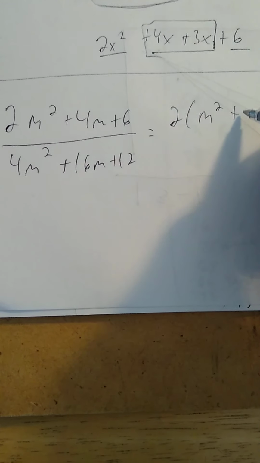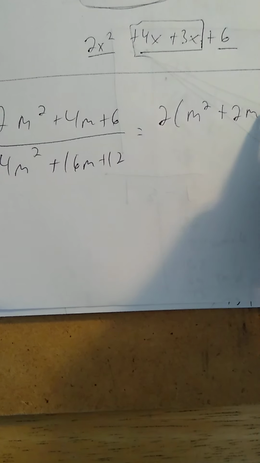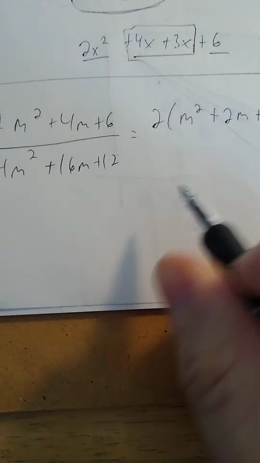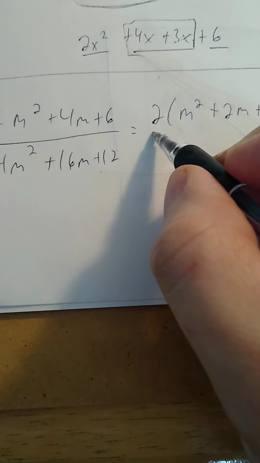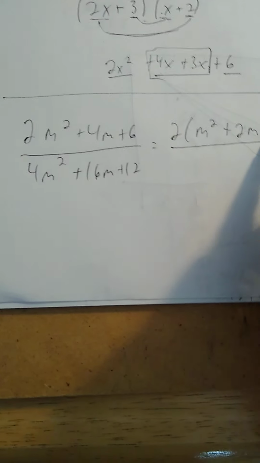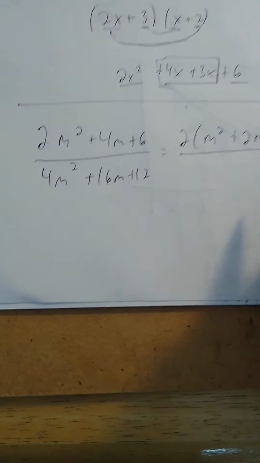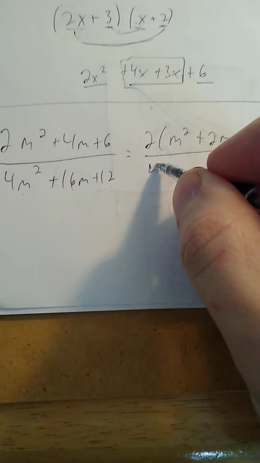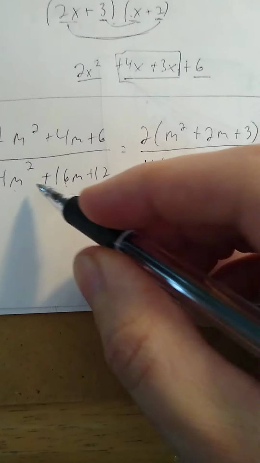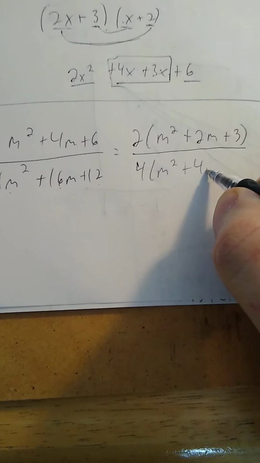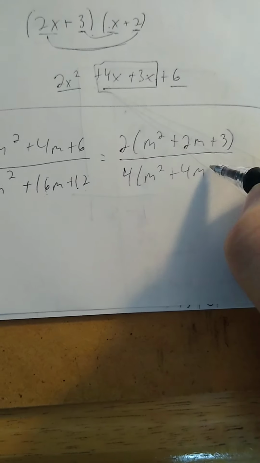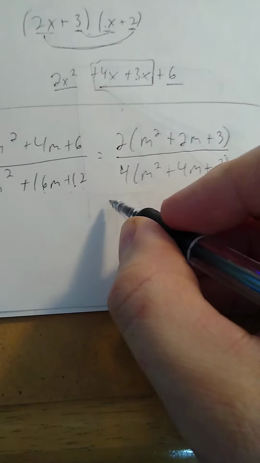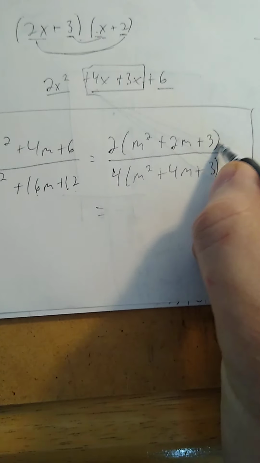When I take 2 out of each term, I'm left with 1, 2, and 3. Now, when I take a GCF out of here, I can take a 4 out of this. So if I take a 4 out, I'm left with 1. 16 divided by 4 is 4. 12 divided by 4 is 3. But again, I can factor both of these.